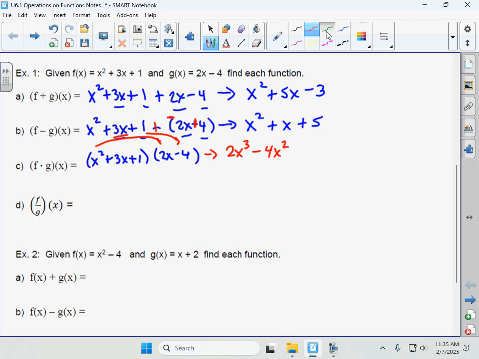Then take the 3x, distribute that over. That's 6x squared minus 12x. And then lastly, take the 1, distribute that over. And then we'll just collect like terms.